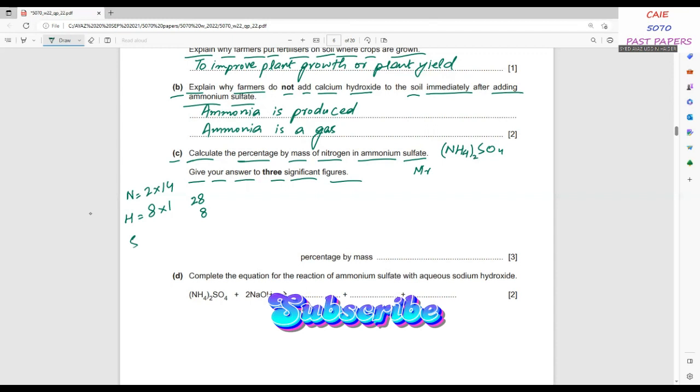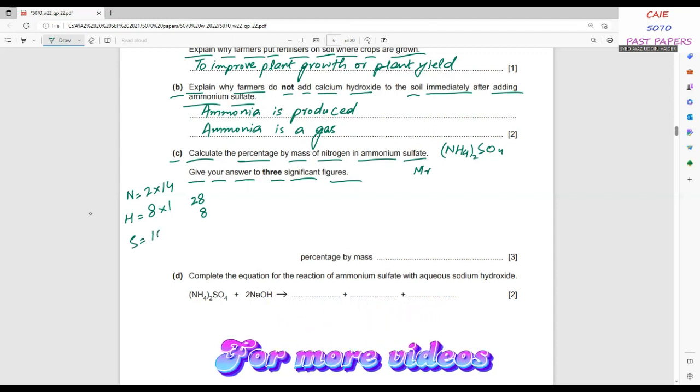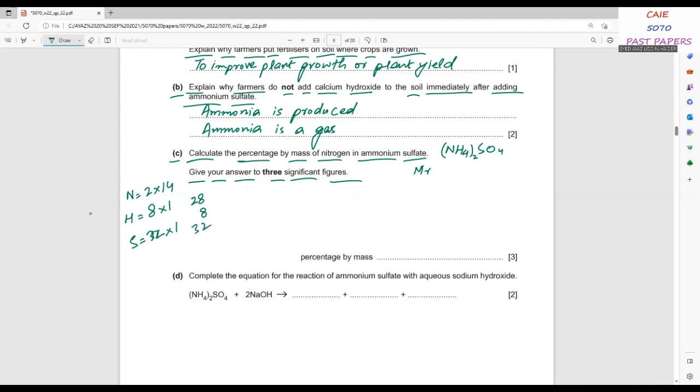For sulfur, we have only one atom of sulfur, so we'll multiply the Ar of sulfur, 32, by 1, we will get 32. For oxygen, there are 4 oxygen atoms, so we'll multiply the Ar of oxygen by 4. 16 multiplied by 4, we'll get 64. Adding these, what will we get? 28 plus 8 plus 32 plus 64, 132.